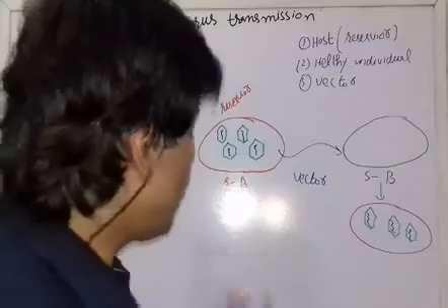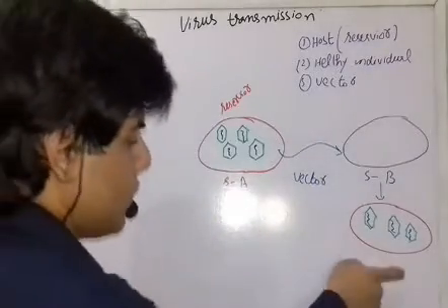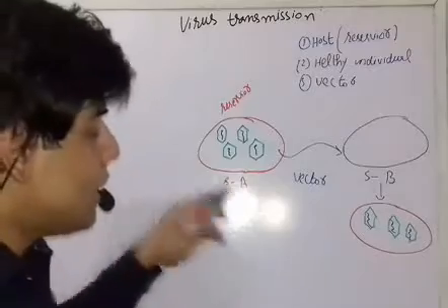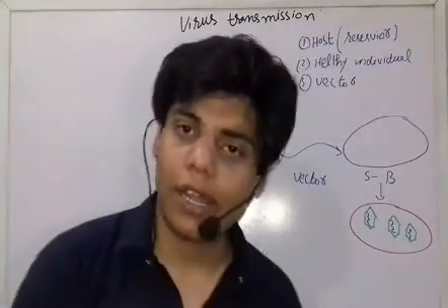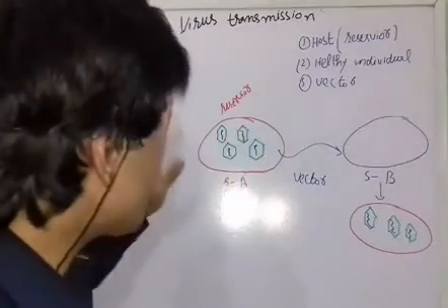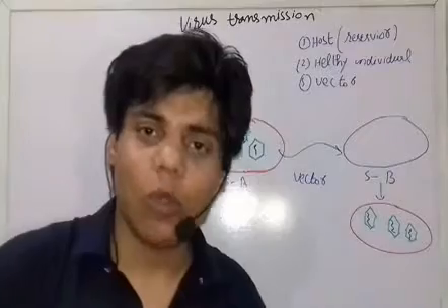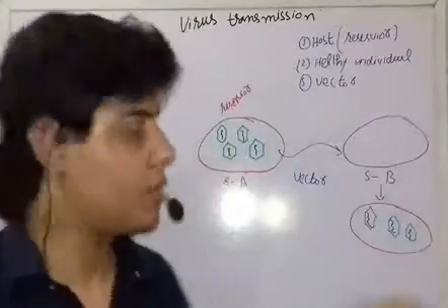I will explain one important thing about the reservoir. This healthy host is not called a reservoir. There is a big difference. How? The reservoir may contain the disease, meaning it may contain the viruses, or it may not contain the viruses.